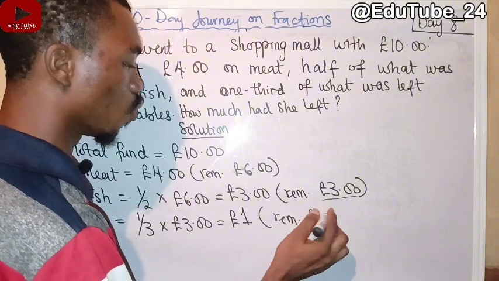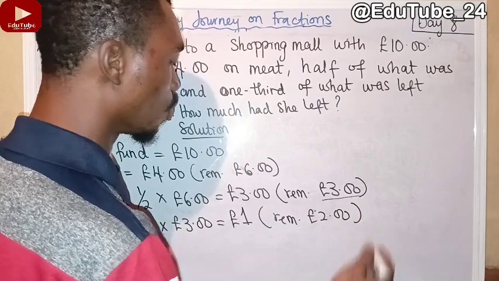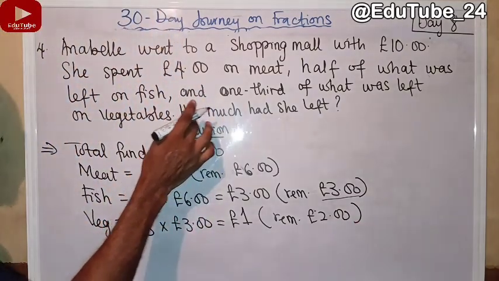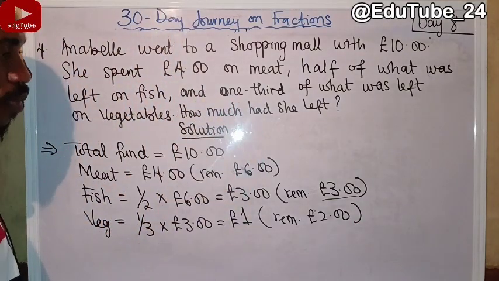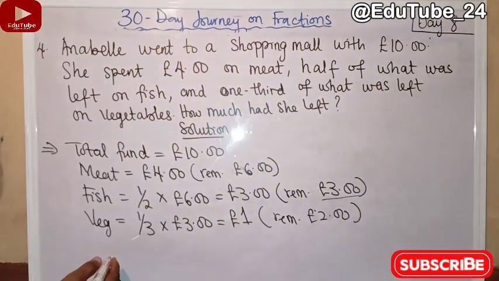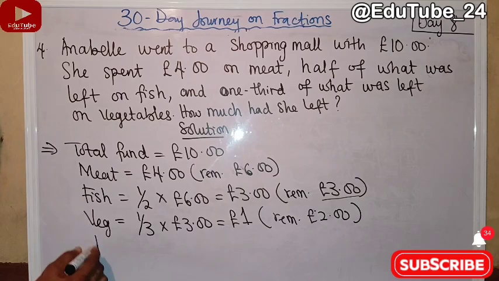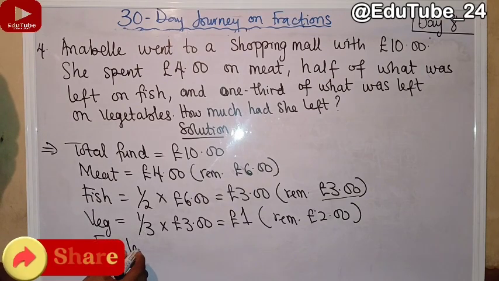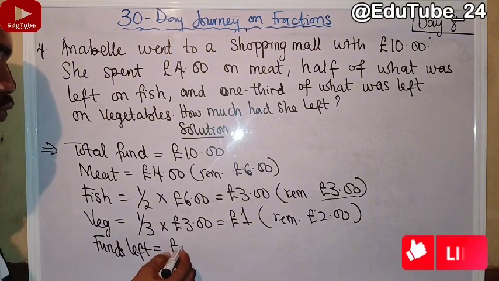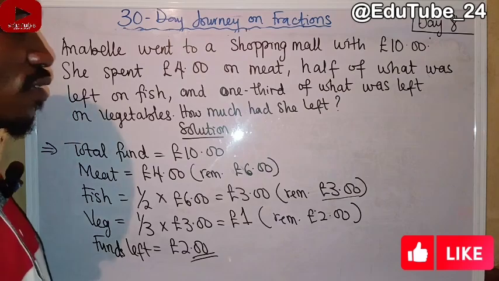So she now had £2 left. And finally, the main question says, how much had she left? So she had this £2 left. So we are just going to document that. Funds left is equal to £2. And as simple as that.